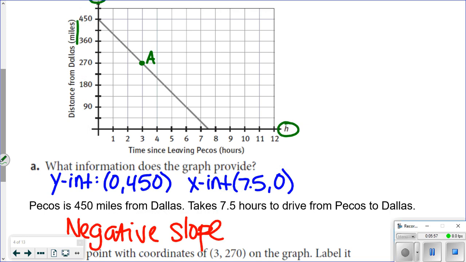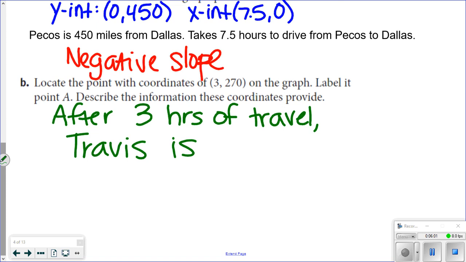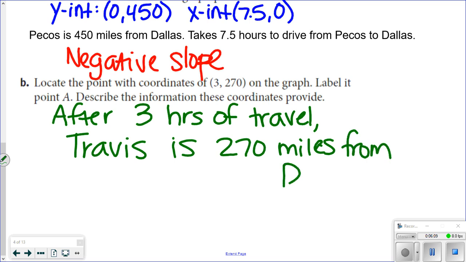So that is the distance from Dallas. So Travis is 270 miles from Dallas, or he has 270 miles left to travel till he reaches his final destination.